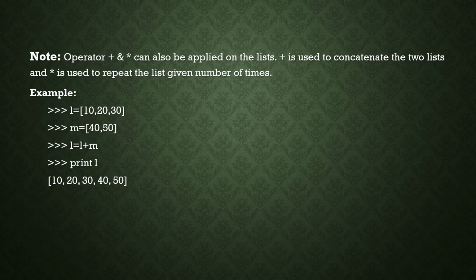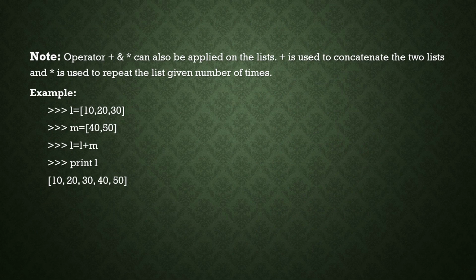Next move on to the next slide. Here the operators plus and star can be applied on the list. Plus is used to concatenate, that means to add two lists, and star is to repeat the list a given number of times.